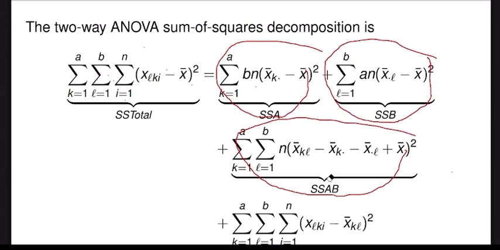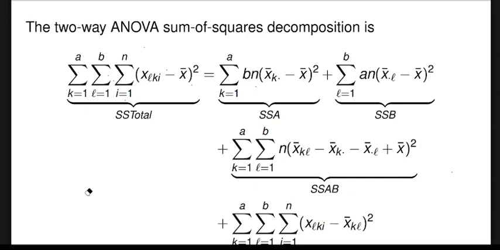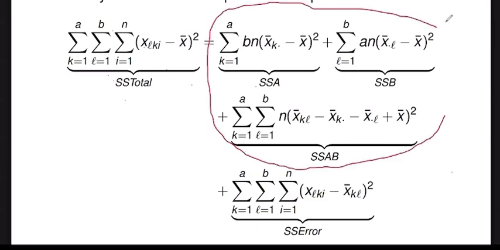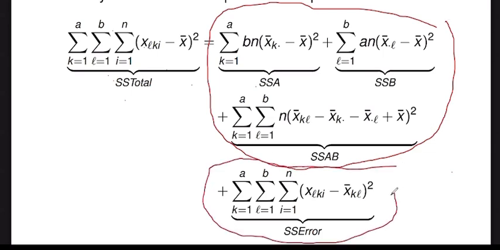Okay? So please pay attention. What I'm trying to tell you right now is that all of these are the explained variation. The first one explained by factor A, the one explained by factor B, and the one explained by their interaction. And of course, this last one here will be the unexplained variation.